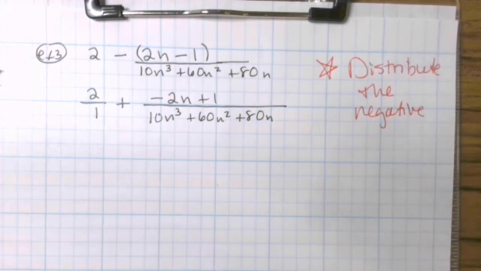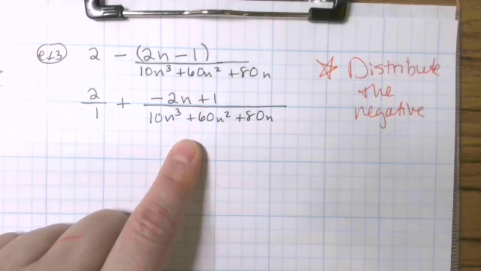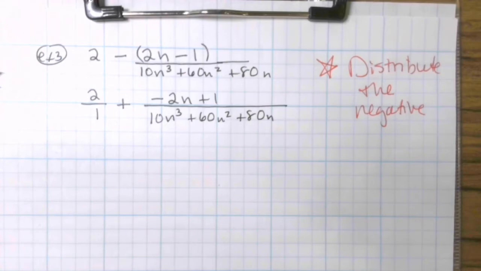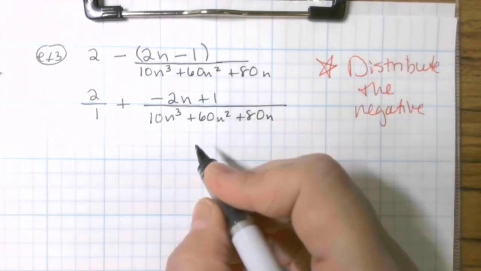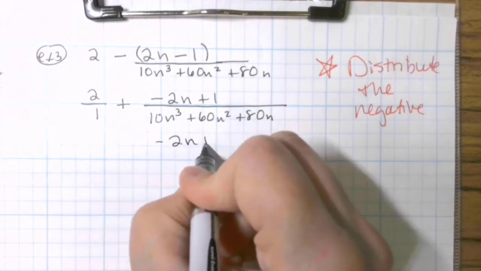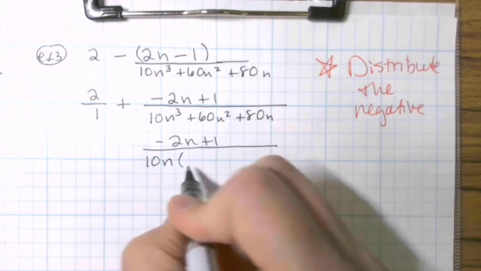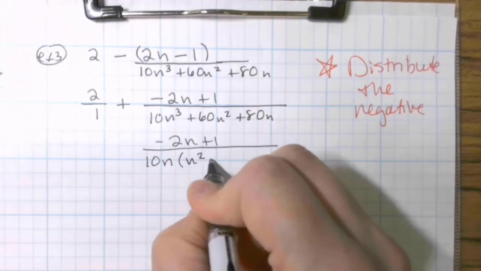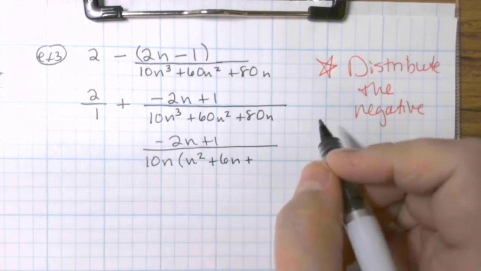Okay, so now we're going to factor. Obviously, this is a 1, so the only denominator is going to be this one. What can I divide out? Well, I can take a 10 out of all of those. So let me rewrite this. Negative 2n plus 1 over 10, and I can take an n out. That leaves me with n squared plus 6n plus 8.